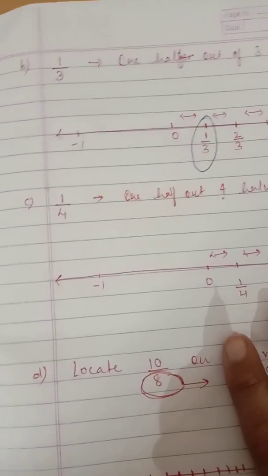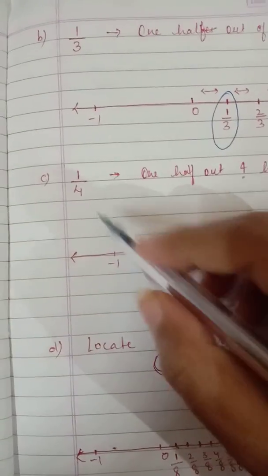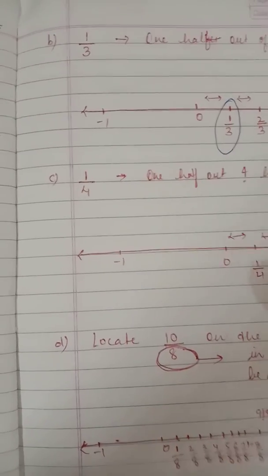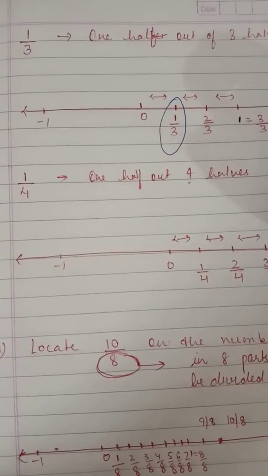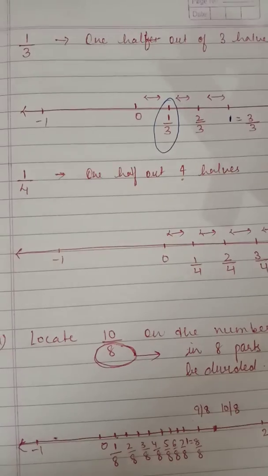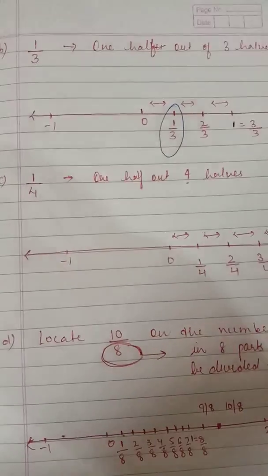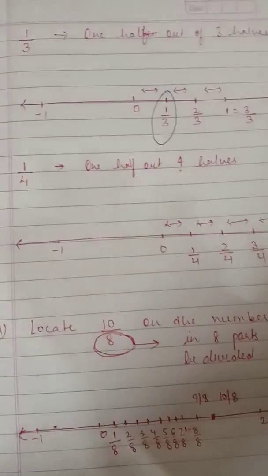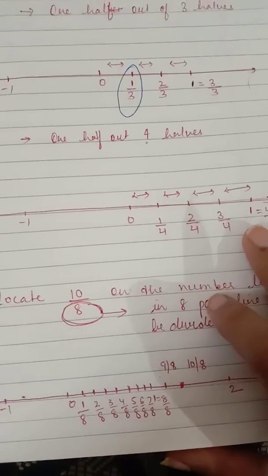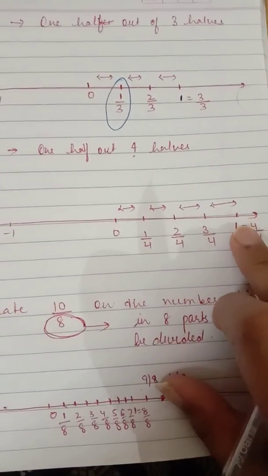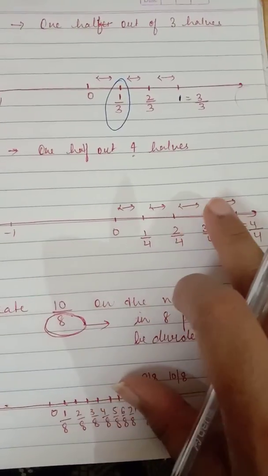Now see another example, 1 by 4. So what does your 1 by 4 say? 1 by 4 tells you that 1 half out of 4 halves. So it means now I have to divide my number line between 0 to 1 in 4 equal parts.